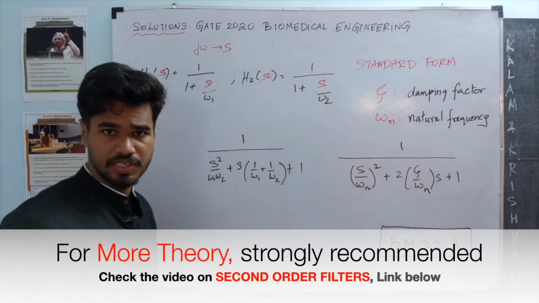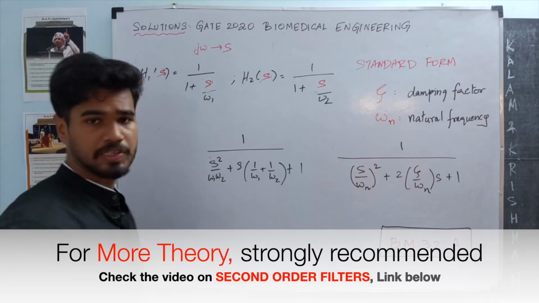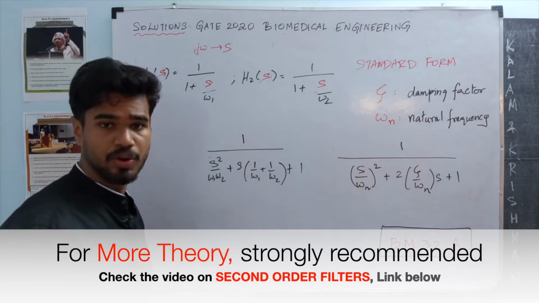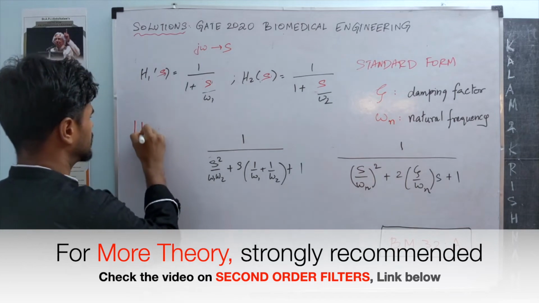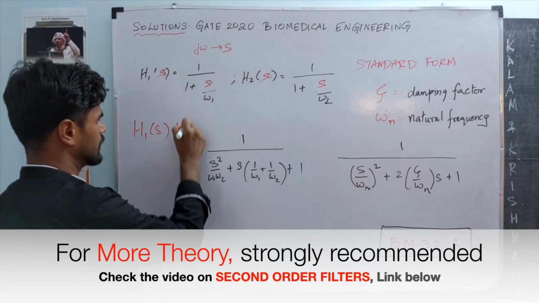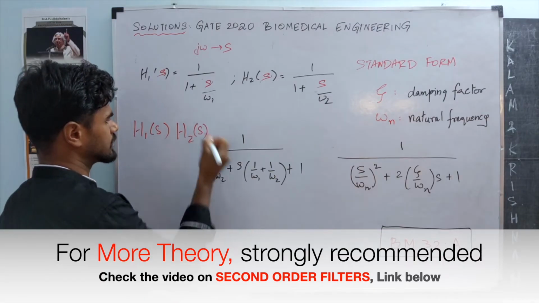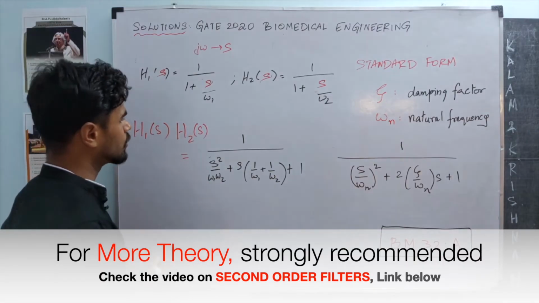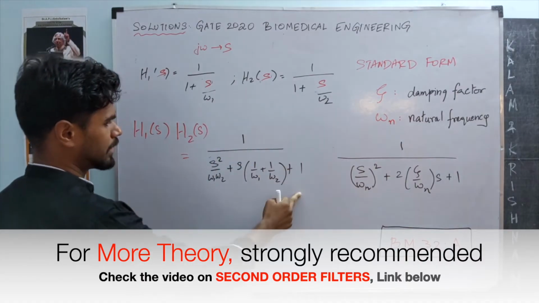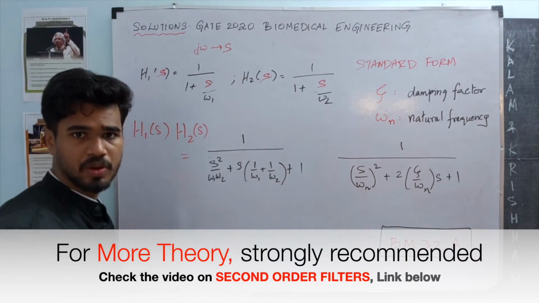And now what is the transfer function for the cascaded system? Is it h1 of s plus h2 of s? No, it's h1 of s multiplied by h2 of s, okay? So that would turn out to be 1 by, multiply these two terms in the denominator, we get this expression, okay?